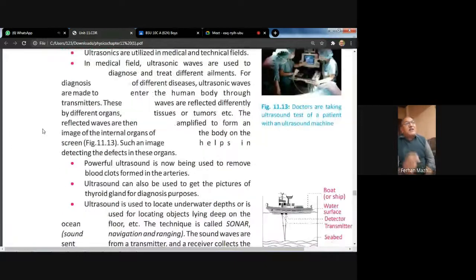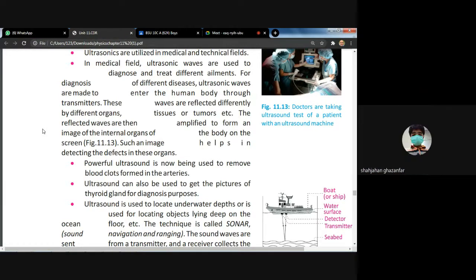In the medical field, the ultrasonic waves are used to diagnose and treat different ailments. For diagnosis of different diseases, ultrasonic waves are made to enter the human body through transmitters. These waves are reflected differently by different organs, tissues, or tumors.